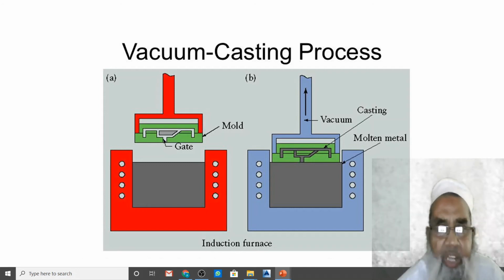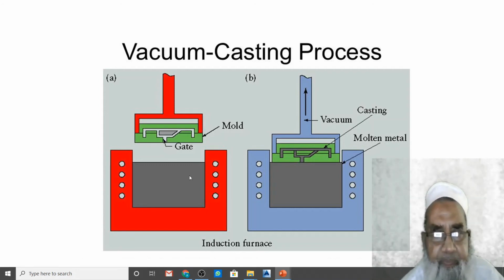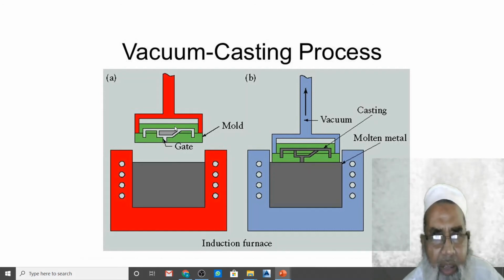This is just a schematic diagram. This is the die, with the mold having sand on it with urethane.